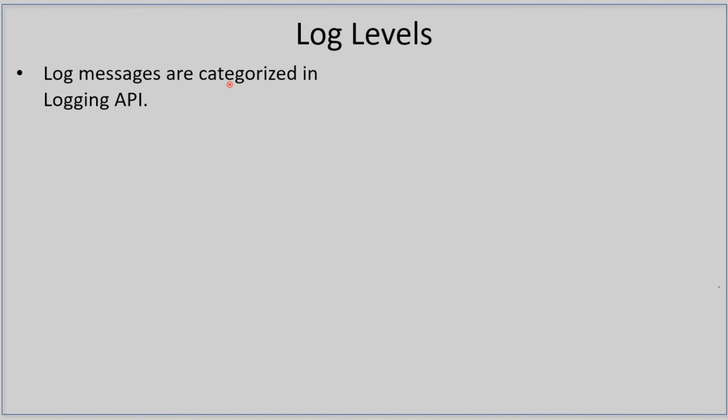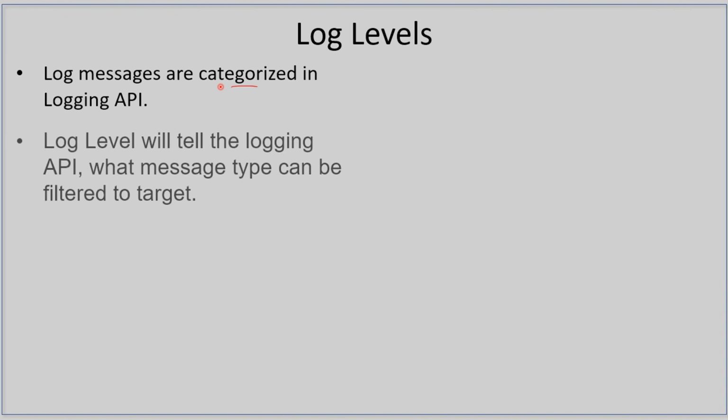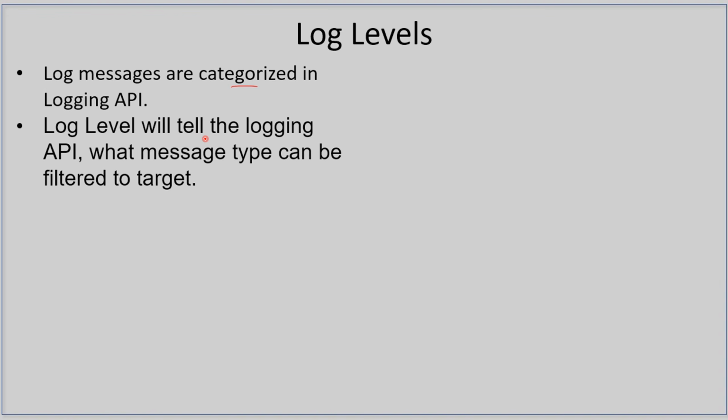Log messages are categorized in the logging API. There are a variety of categories. The log level will tell the logging API what message type can be filtered to the target. So that's the use of message type. First of all, there is a log message, for example, user logged into the system.